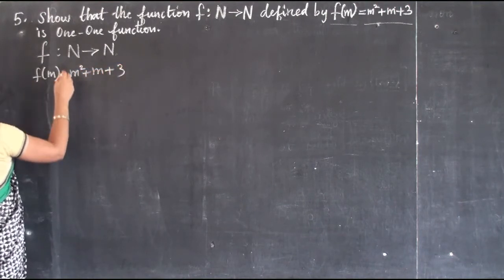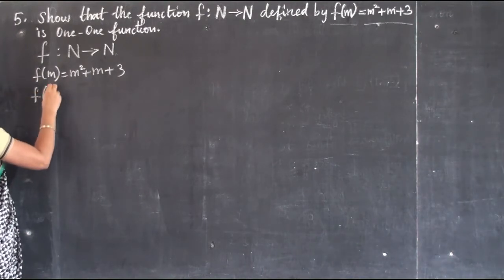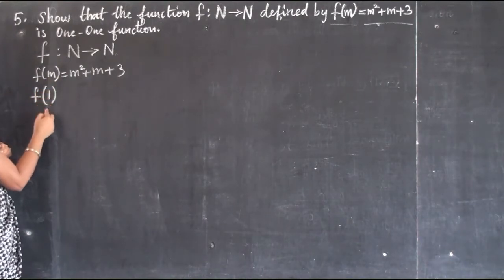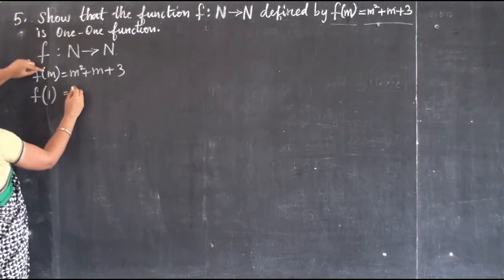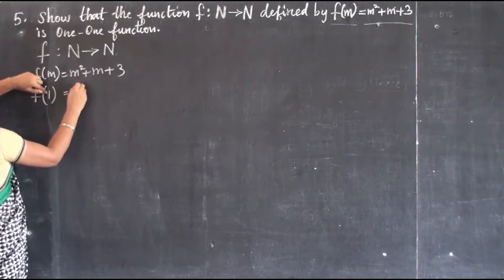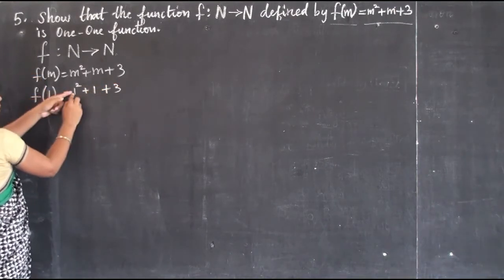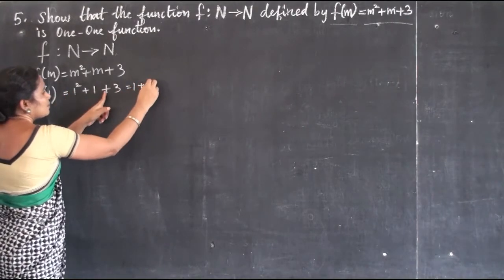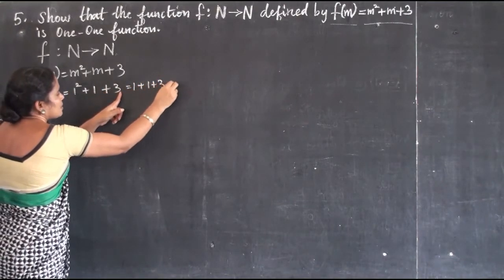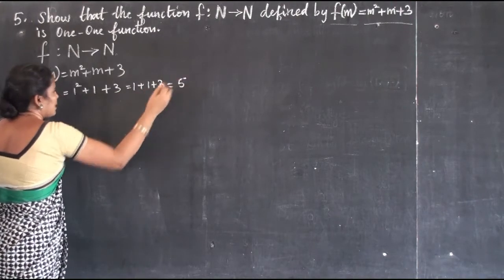As it is given as natural numbers, start from 1. Taking m is equal to 1, 2, 3, 4, 5, wherever m comes you put 1: m square plus m plus 3. 1 into 1 is 1, plus 1 plus 3, is equal to 1 plus 1 is 2, 2 plus 3 is 5.